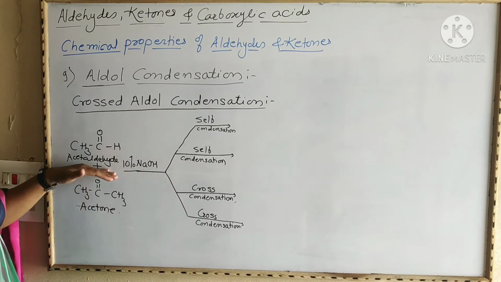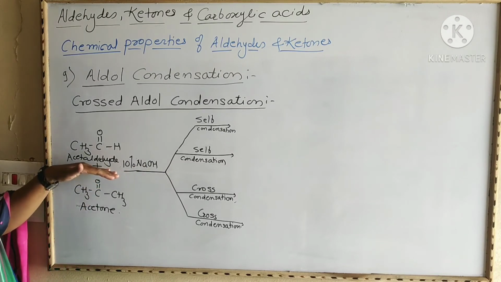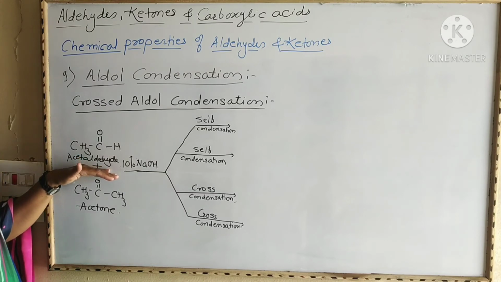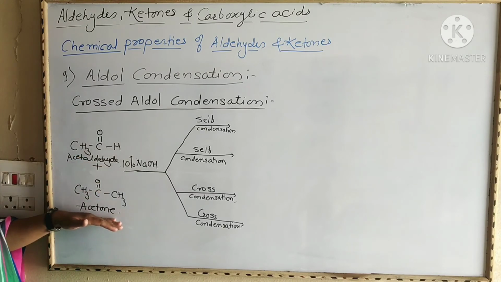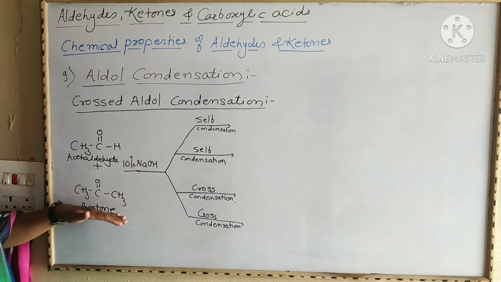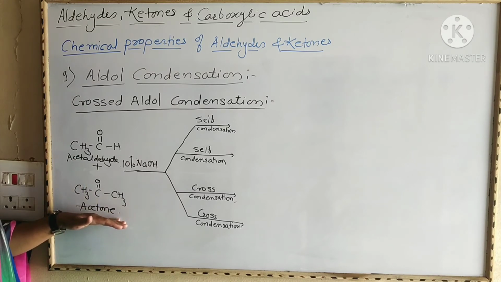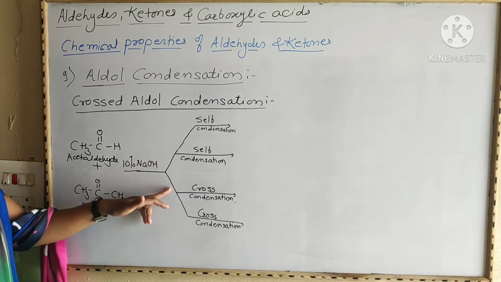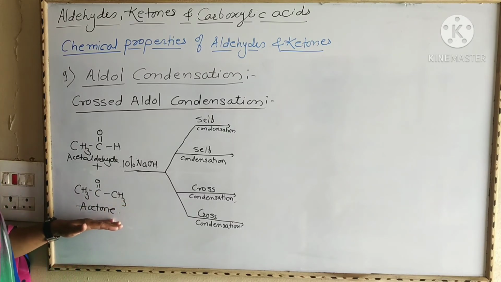First, acetaldehyde undergoes self-condensation with a similar acetaldehyde molecule. Then acetone undergoes condensation with the same acetone molecule to form a self-condensation product, and these two molecules undergo crossed aldol condensation to form cross condensation products.